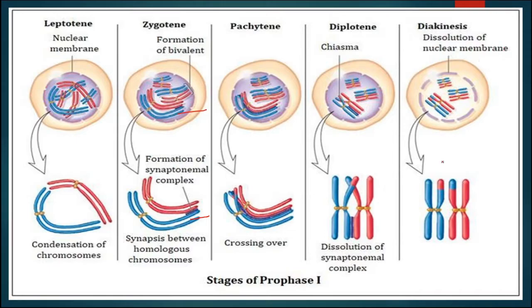In diakinesis, the chiasmata will undergo the process of terminalization, that means it will move towards the terminal end, and finally these 2 chromosomes along with the exchanged part get separated.